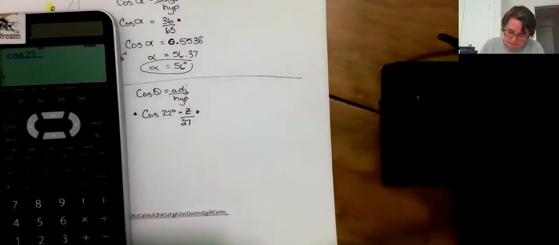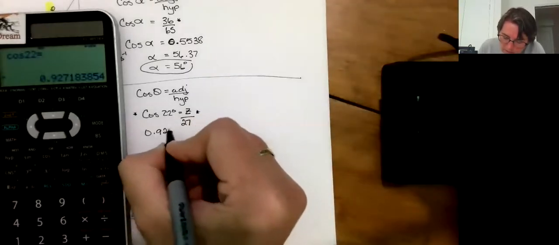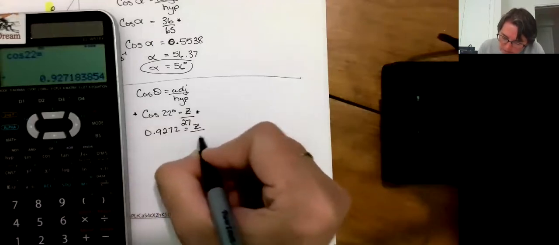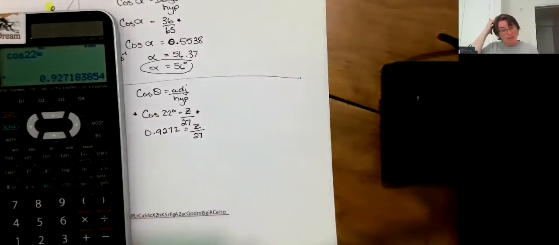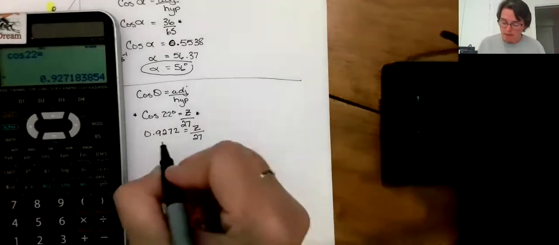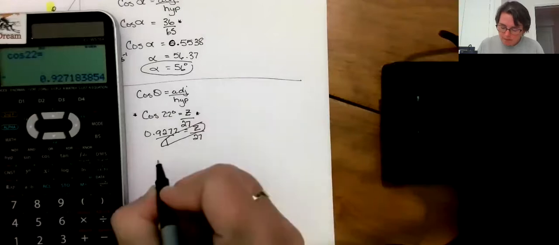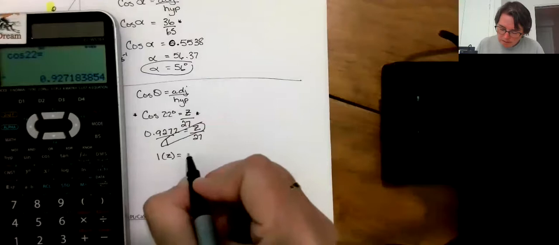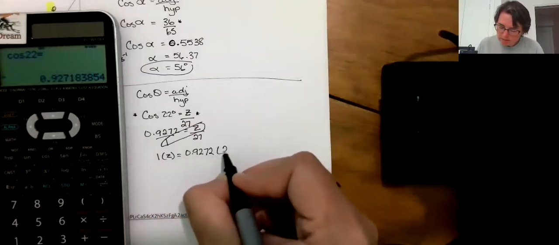Cos 22, 0.9272 is Z over 27. And you know by now that when you're looking for either adjacent or hypotenuse, you're going to cross multiply. So Z over 1, 1 times Z is equal to 0.9272 times 27.